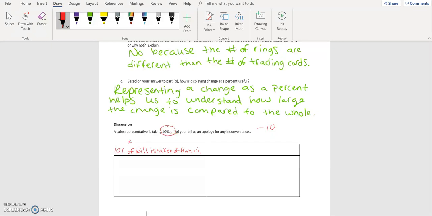So what that means is the new bill is part of the original bill.